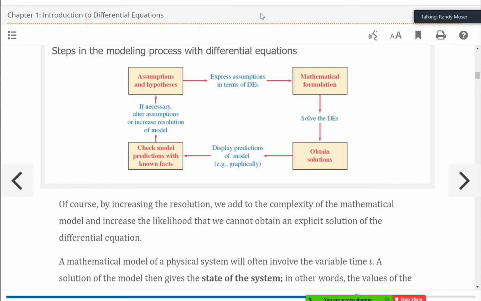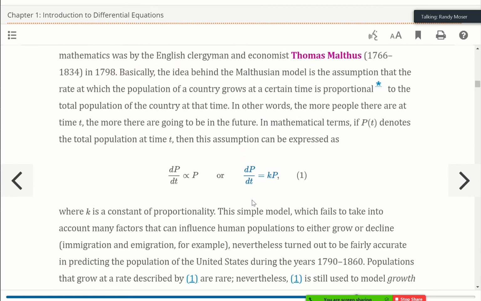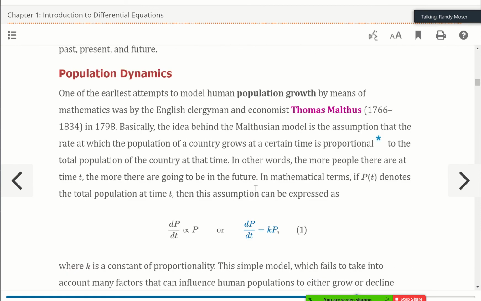In the beginning, the differential equations we write oftentimes have some type of assumption that the way in which something grows is proportional to the amount of that thing that's present. So one model we're going to be looking a lot at is population growth. One of the earliest attempts at this was by Malthus. His idea was basically that the rate at which the population of a country grows is proportional to the total population of the country at that time.